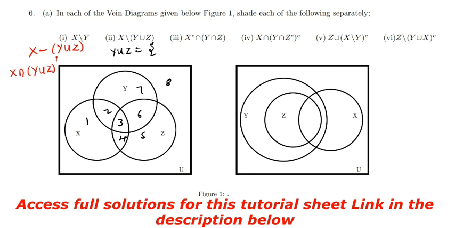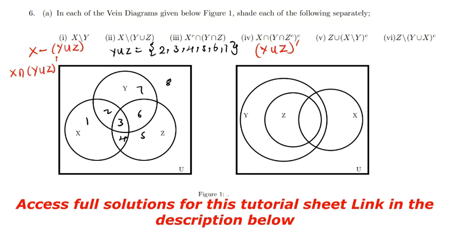Union simply means add, so let's add elements in y as well as in z. This will give us 2, 3, 4, 5, 6, 7. Now we can answer the complement part.